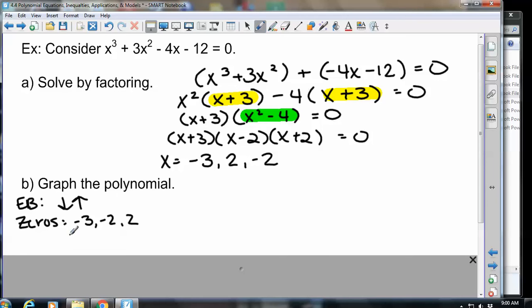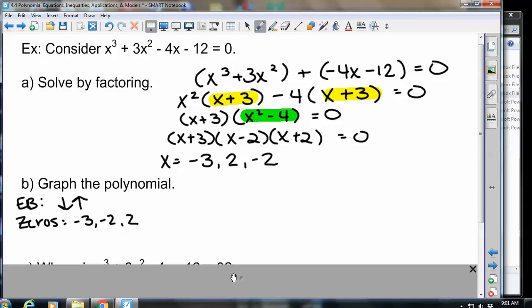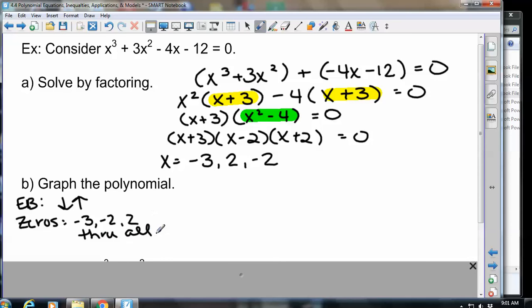Through all of them. Okay. Let's do a y-intercept. How do you find that y-intercept? If I go to my original and make all of my x's 0, we get negative 12.